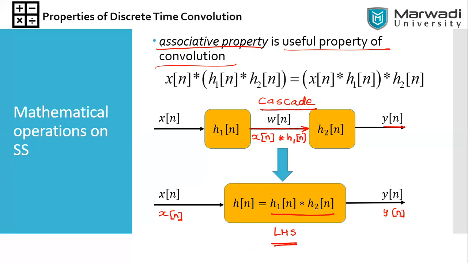Then you will get y of n. So now this is for the right hand side. And both are equal.